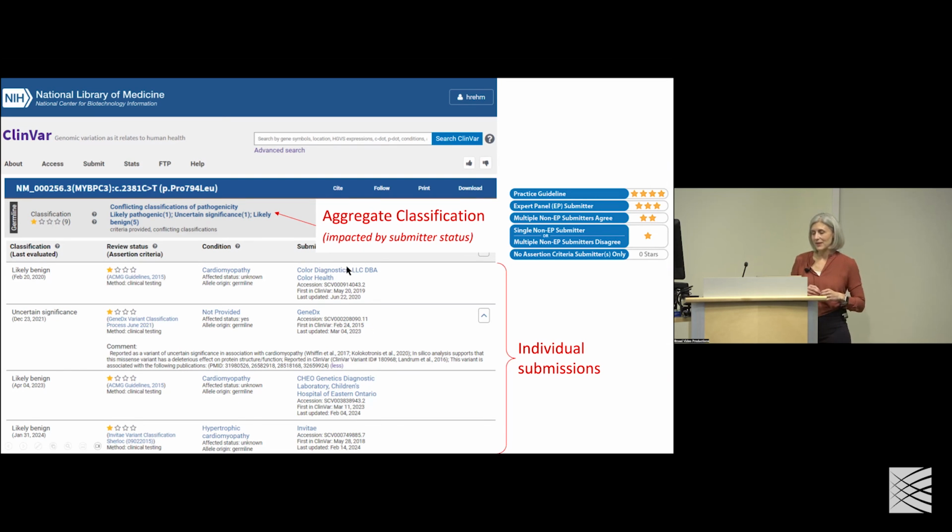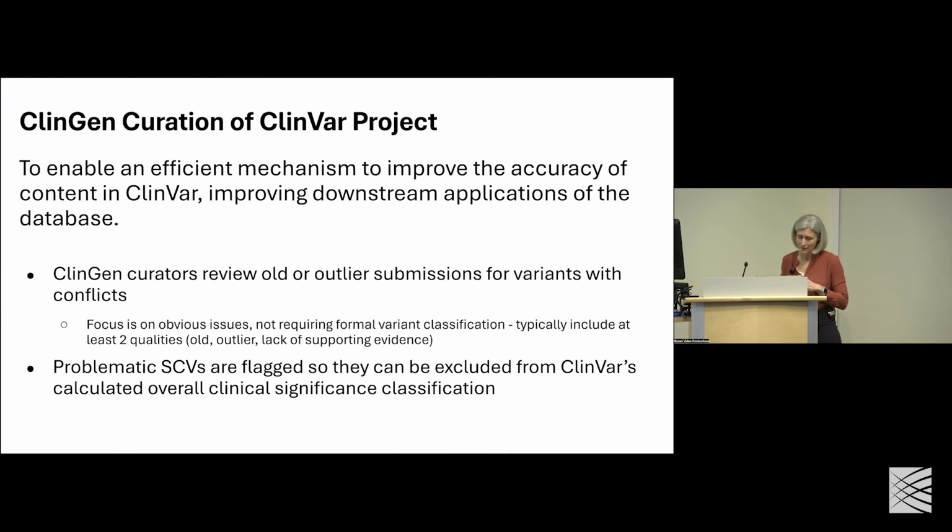Once you get up to 1 star, you've either submitted your classification criteria, or this happens also at the aggregate level when you have multiple submitters that are disagreeing. And then as concordance is reached, the star status will go up. So a 2-star variant has multiple labs saying the same classification. The expert panels get an extra star because they've really gone through this rigorous process, and we believe those classifications a little bit more.